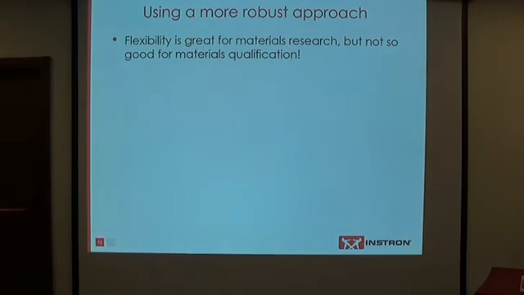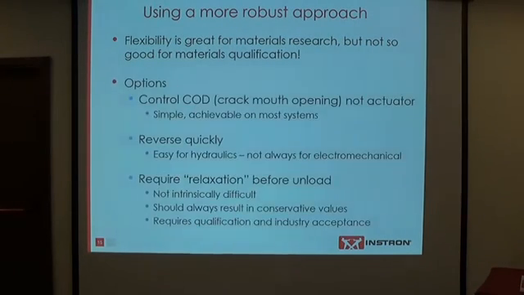So what can we do to try and make a more robust approach? Flexibility is great for when you're doing research, but when we're trying to do a qualification of materials, that's not good because you're not going to get good interlab comparability. So the options that are there, straightforward thing, first off, control of the crack mouth opening rather than the actuator, the load line displacement, if you will. Reverse quickly.